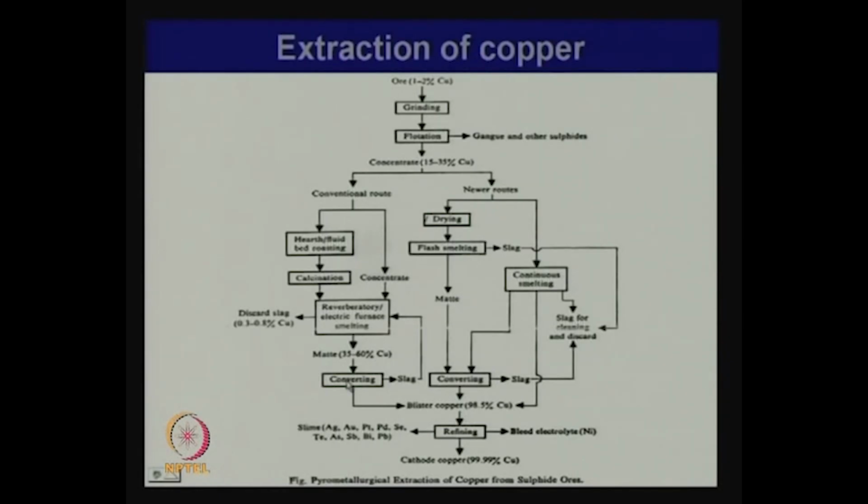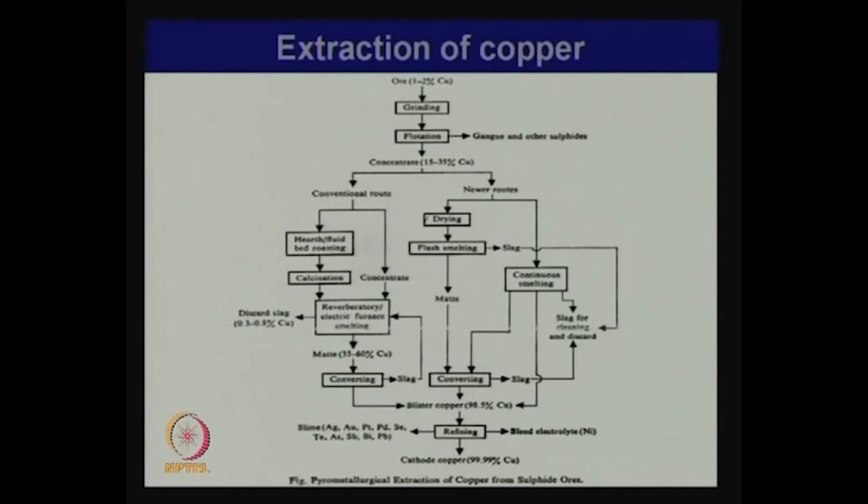We are left with what is called white metal, that is all Cu2S. Now, this Cu2S starts getting oxidized, starts forming Cu2O, and when we have twice as much Cu2S as Cu2O, they react mutually, starting to form copper.